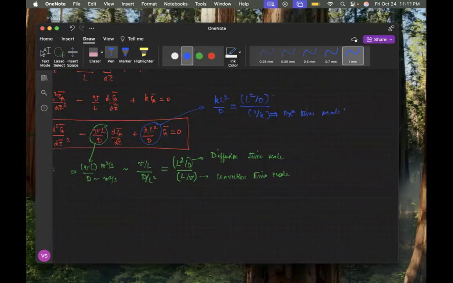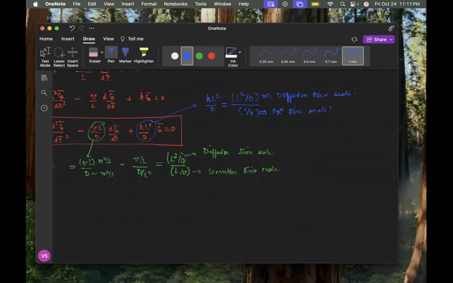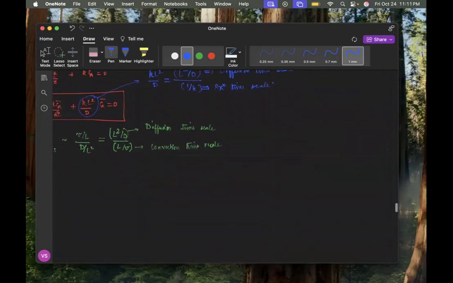Okay. And L squared by D is once again the diffusion time scale. And the ratio of the diffusion time scale to the reaction time scale is known as the Damkohler number.